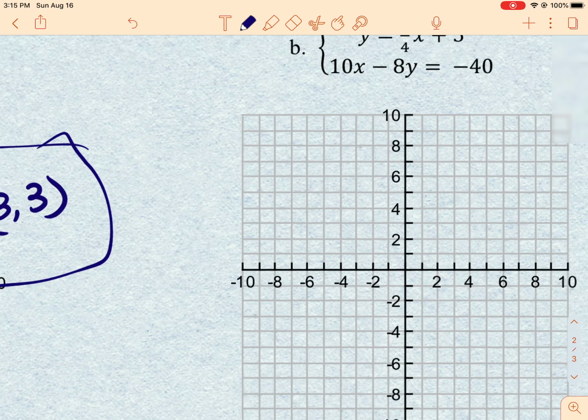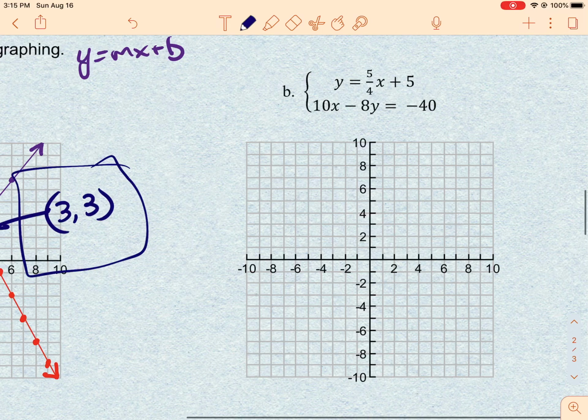If you take a look at B, the top one is in slope-intercept form. Slope is 5 over 4. Y-intercept is 5. So if you're starting at 5 and you're going up 5 to the right 4, down 5 and over 4, and that would continue.